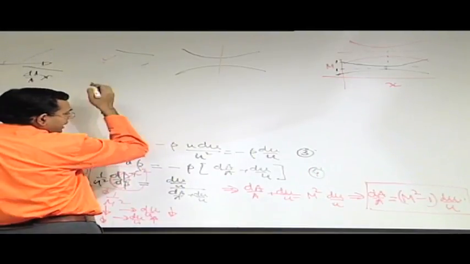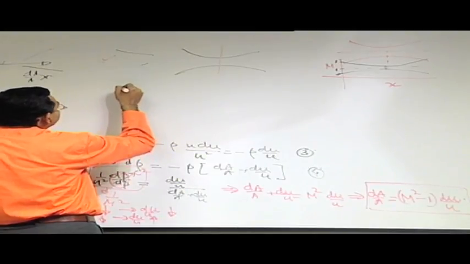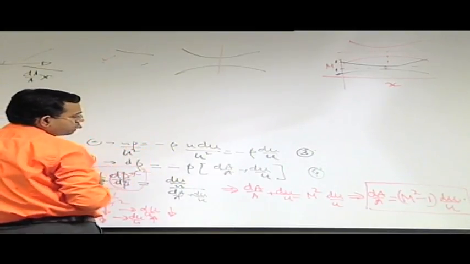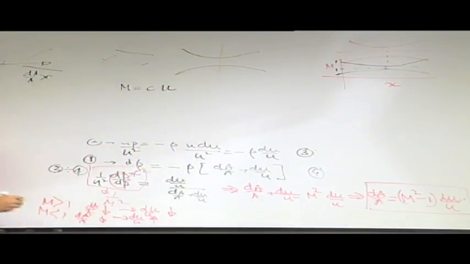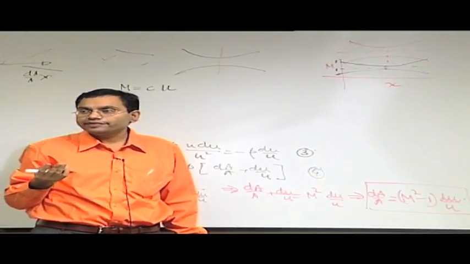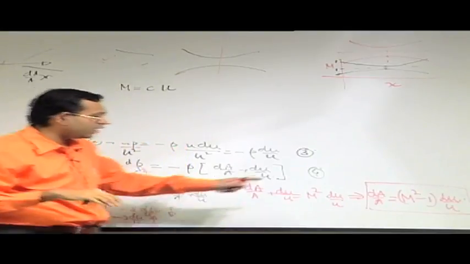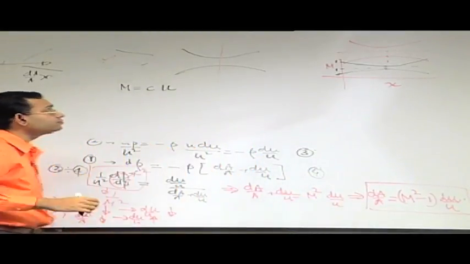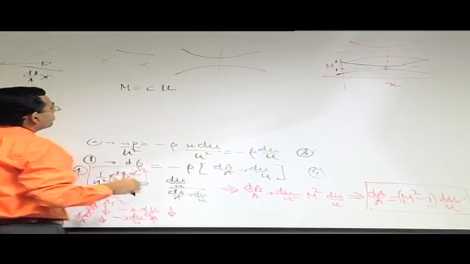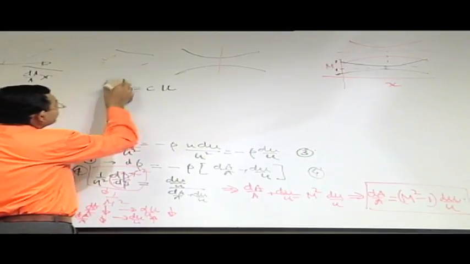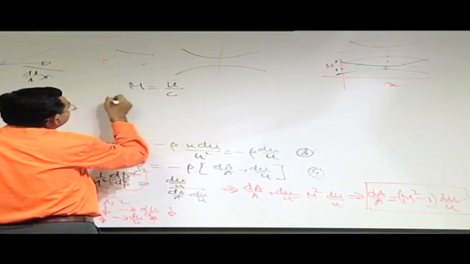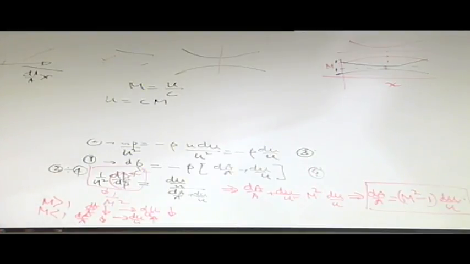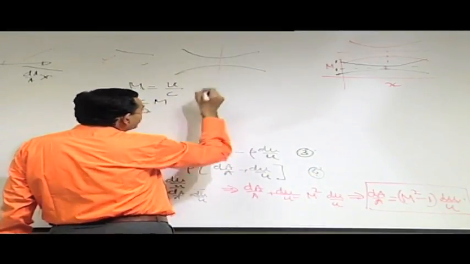So we know that the Mach number is equal to u by C. We are interested to express du by u in some way in terms of dM by M, so that we write dA by A explicitly in terms of dM by M. Sorry, u equal to C into M, right.